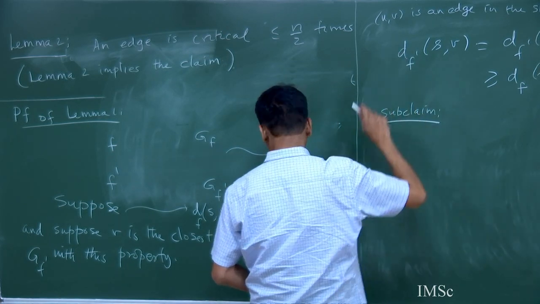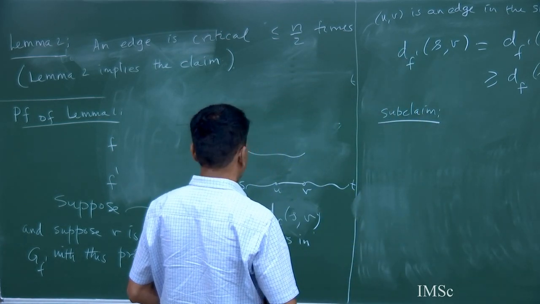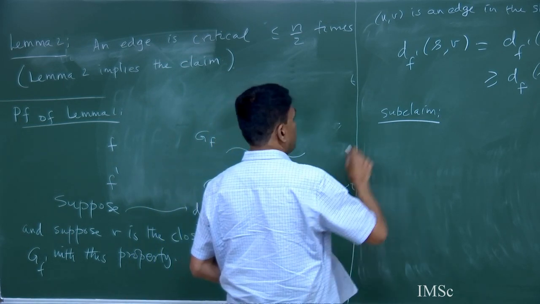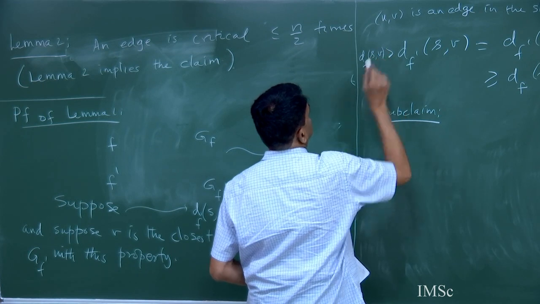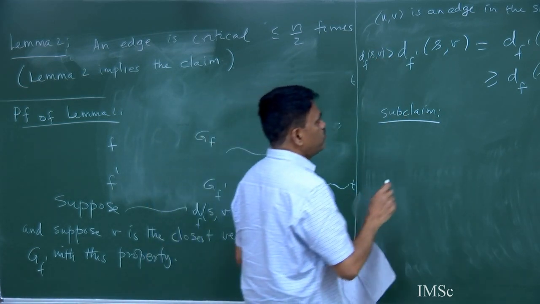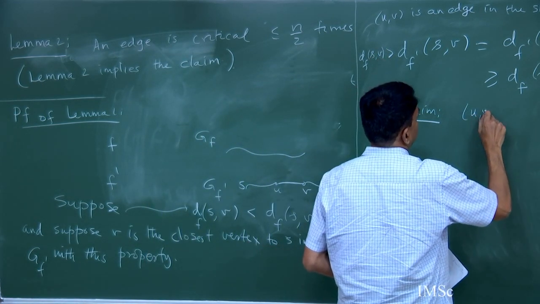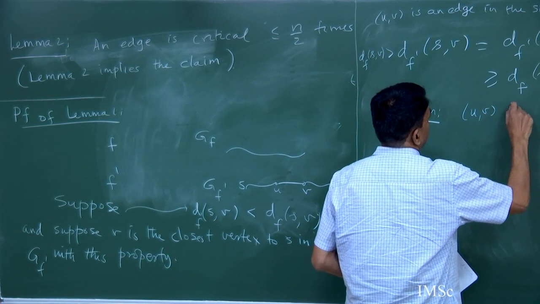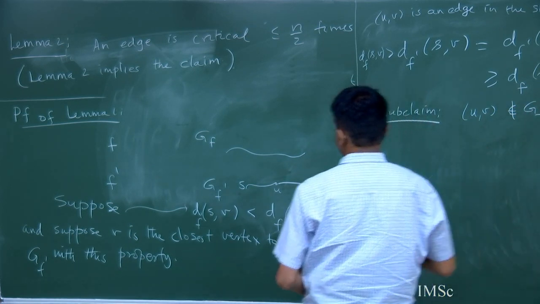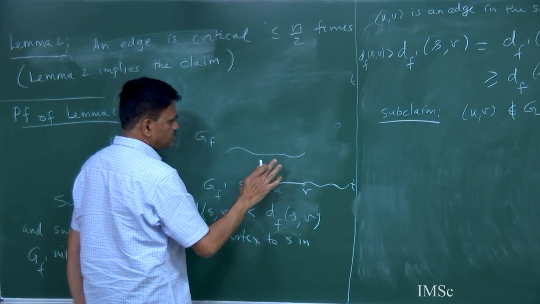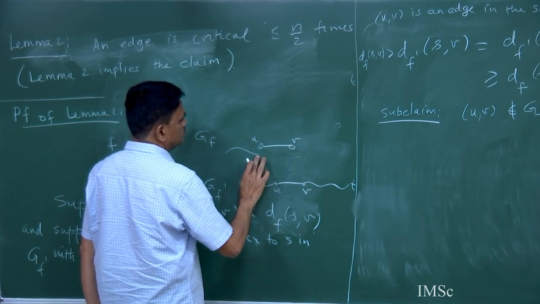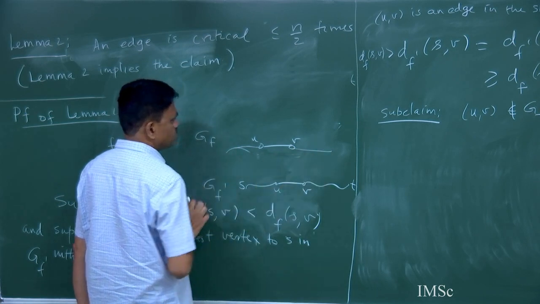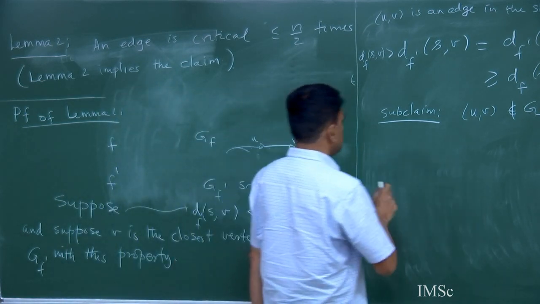Okay, so here df prime SV is less than df SV, this is the claim. Now I want to claim that this edge UV is not in GF. In GF, this edge is not there. Suppose not.